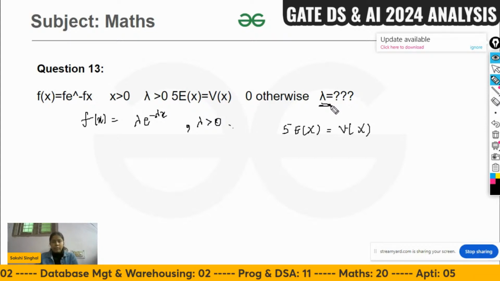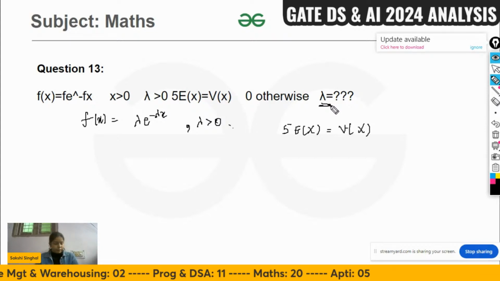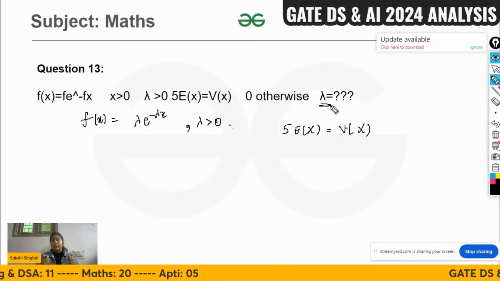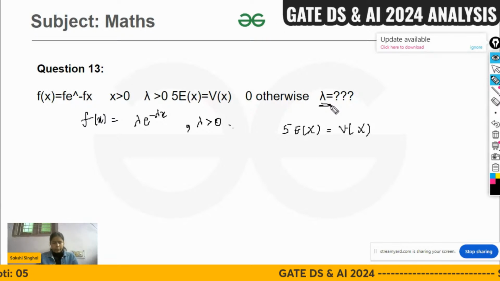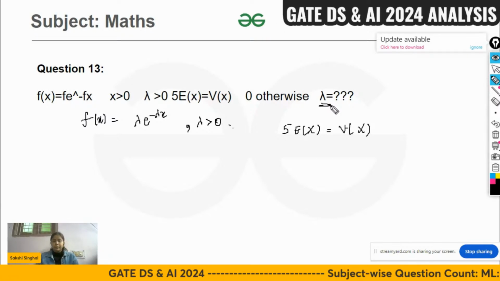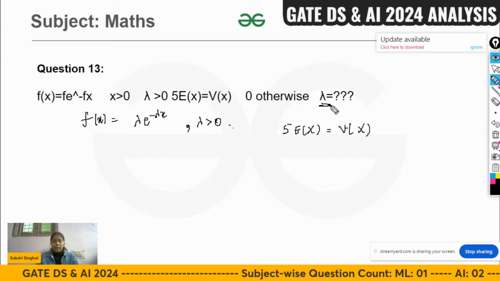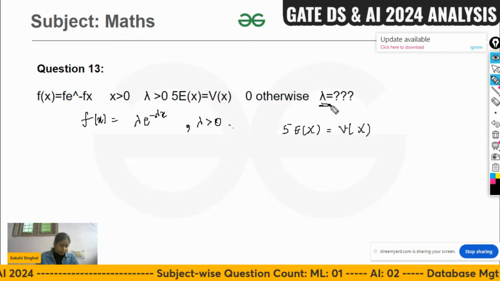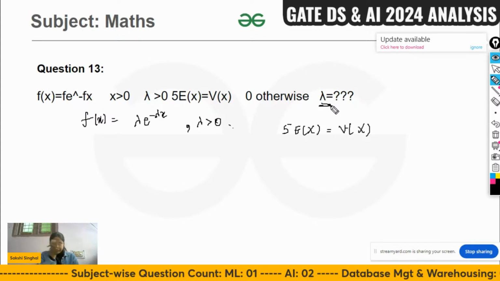So can anybody tell me what answer you got, guys? This is a numerical based question, and they ask you to find the value of lambda up to 1 decimal place. Anyone, guys? 1 by lambda. Okay, right.